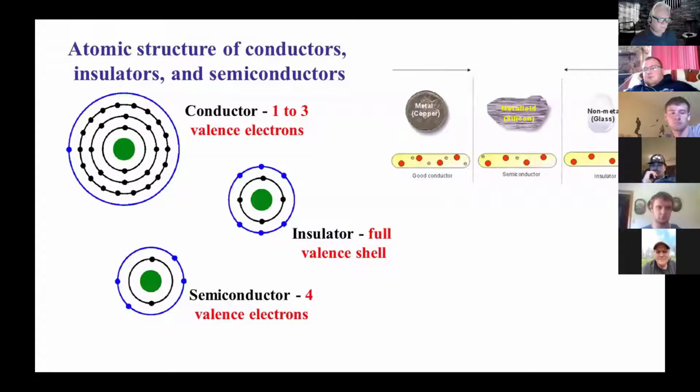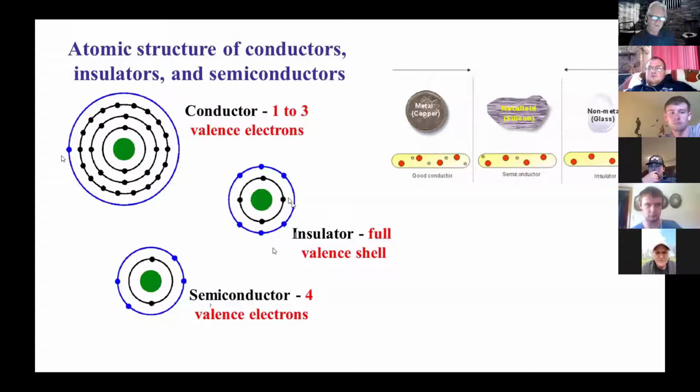When we talk about different atoms, we talked about that there were protons in the middle, and then in these outer orbits were the electrons. And we said that whether or not a substance was a conductor or an insulator depended on how many electrons were in that outer shell, that outer orbit that they call the valence electrons. If there's just 1 to 3 in the outer shell, that makes it a good conductor.